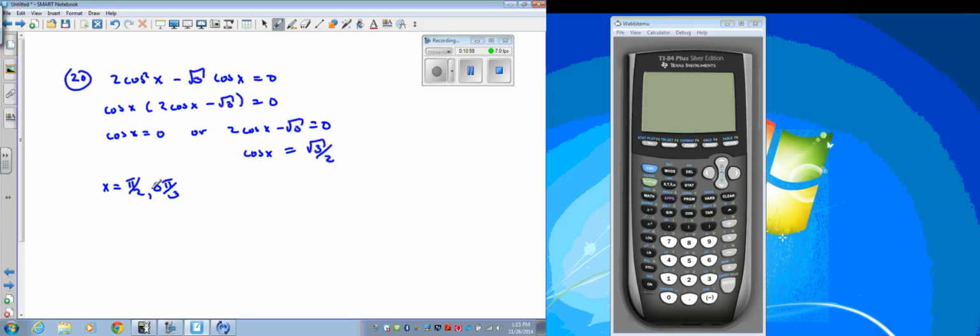See, if you're using the unit circle, you look at the first term of the ordered pair. Okay, the square root of 3 over 2. Minus 3 pi over... oh, 3 pi over 2. Was that for the cosine x equals 0? Yeah.